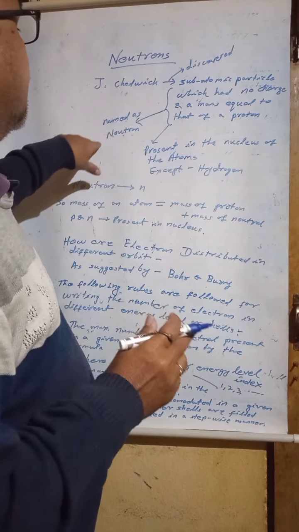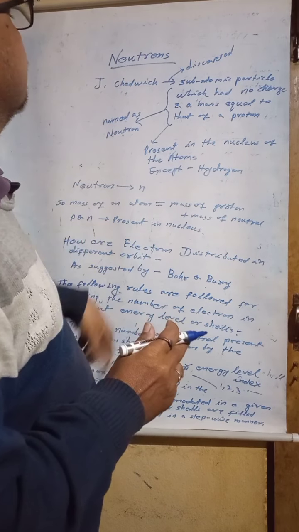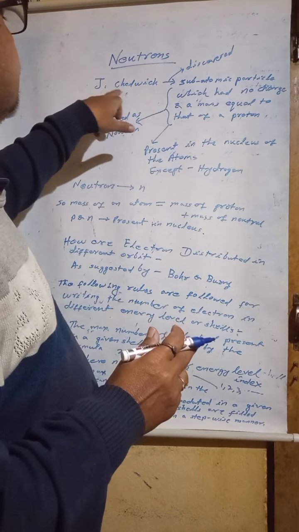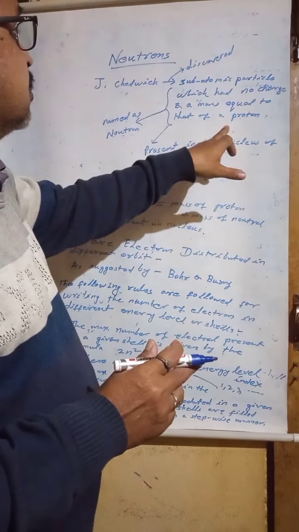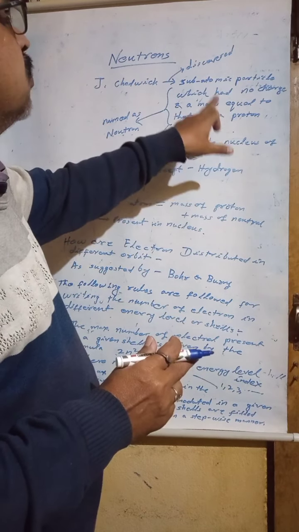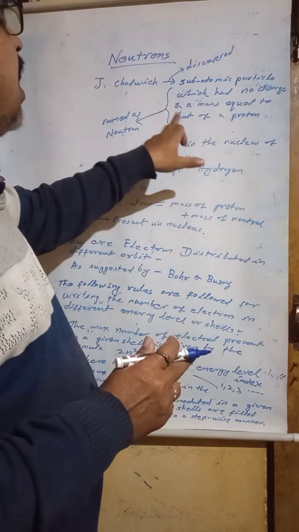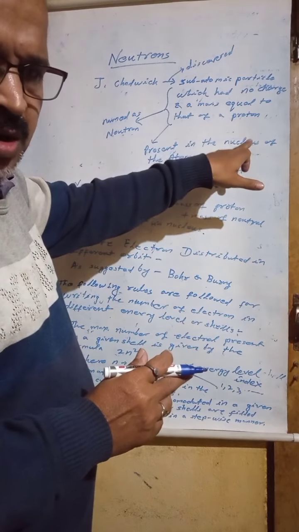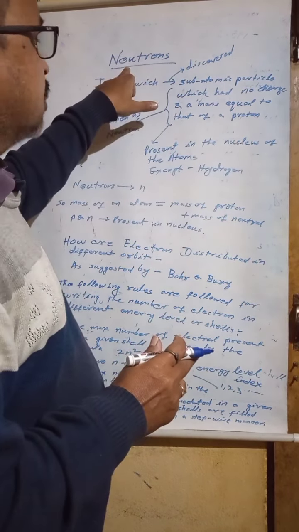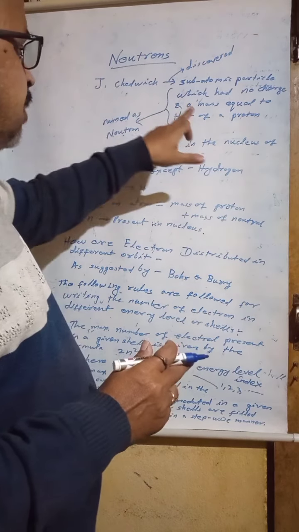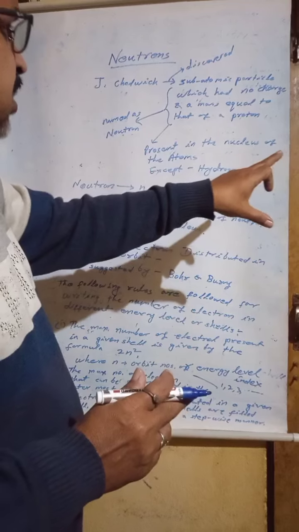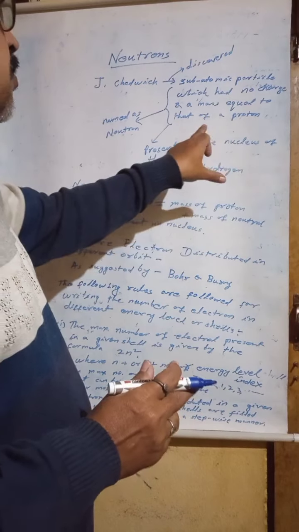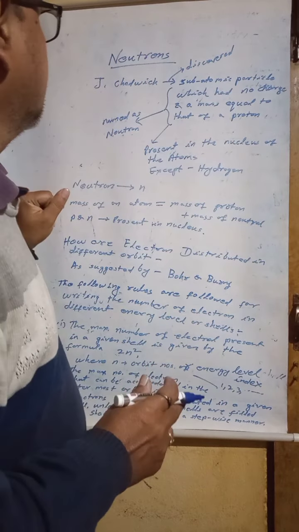He named it the neutron. A subatomic particle which has no charge and a mass equal to that of a proton is called a neutron.